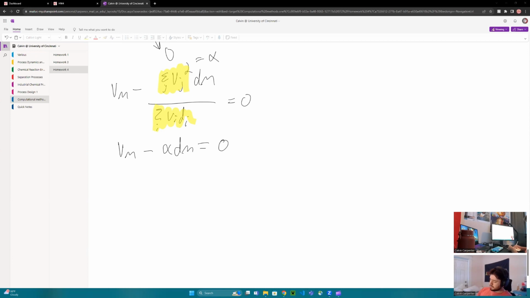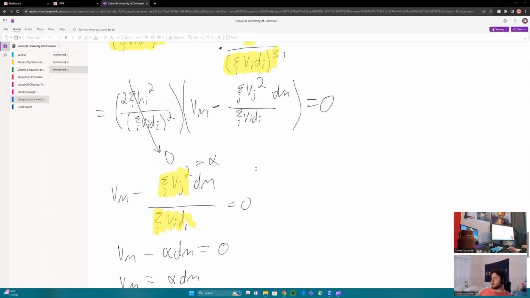All right, so we're going to get VM equals alpha dm, which transposed is going to equal alpha times the transpose of d. That's going to be important.